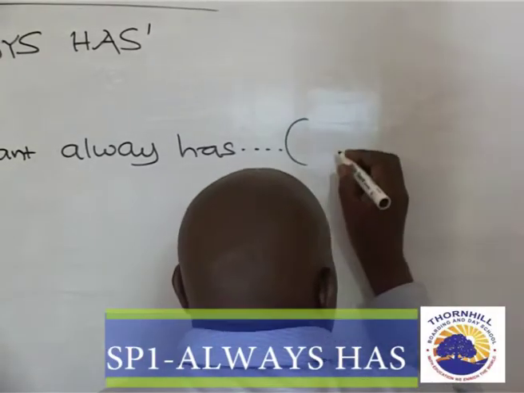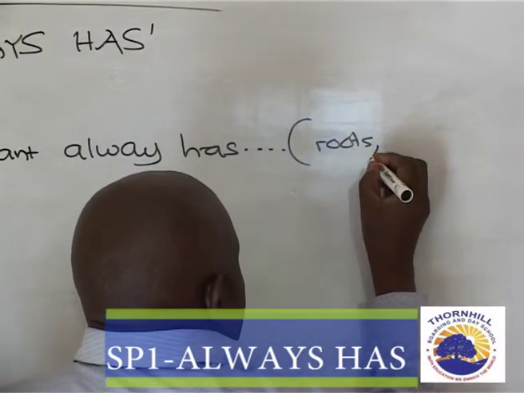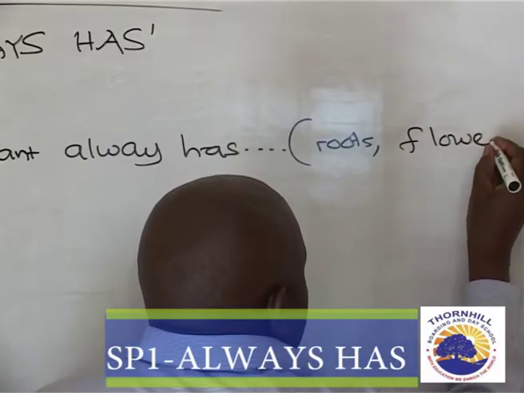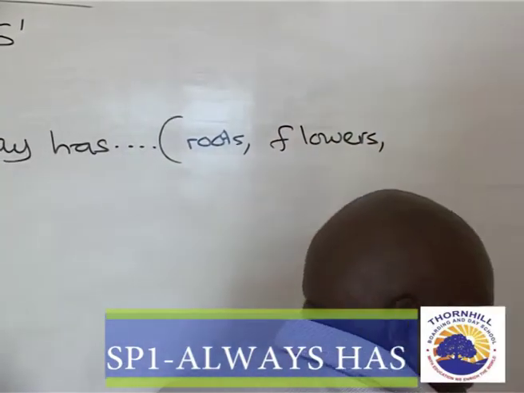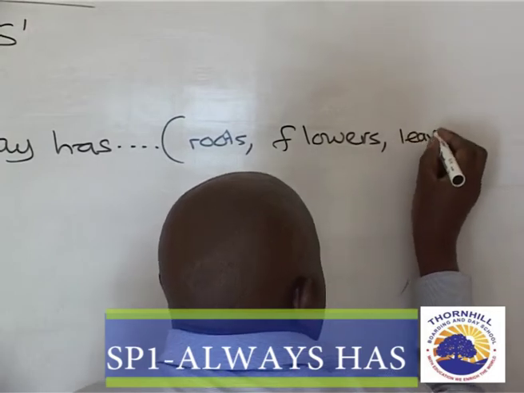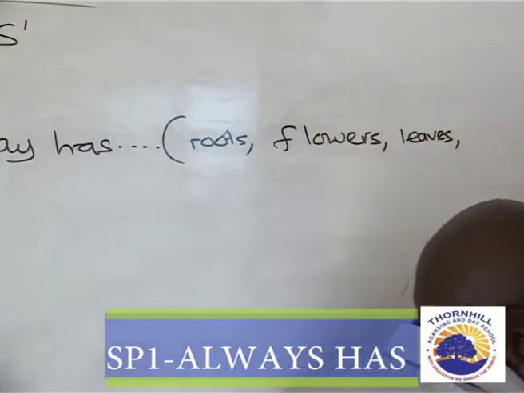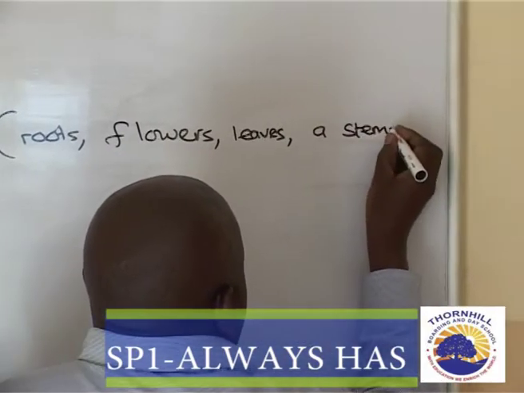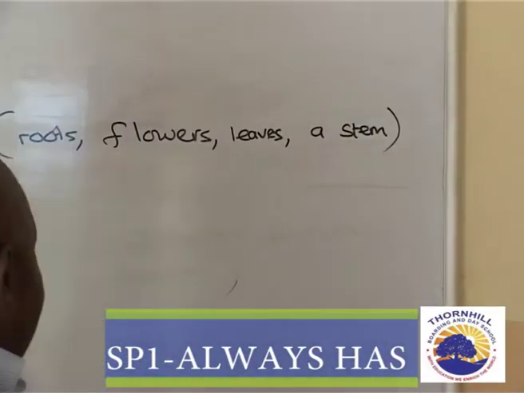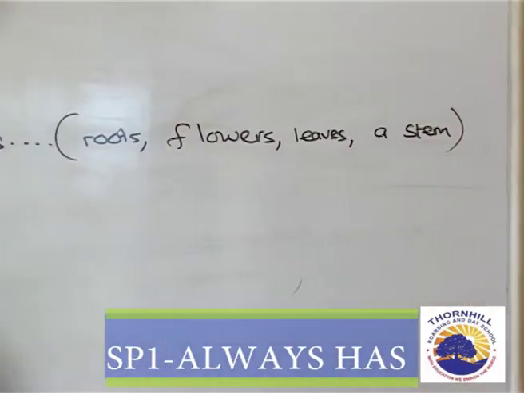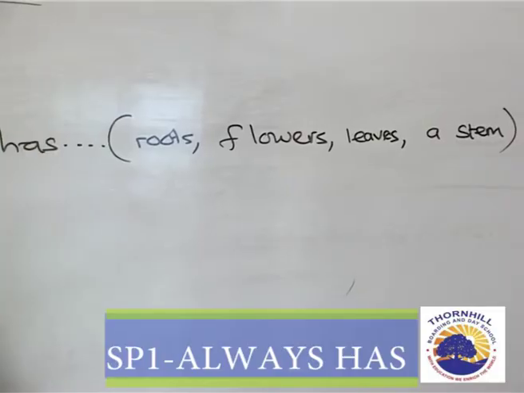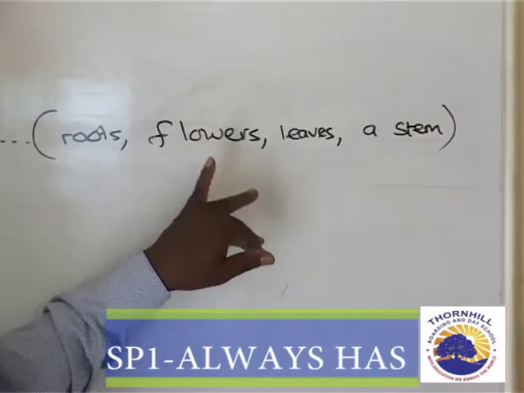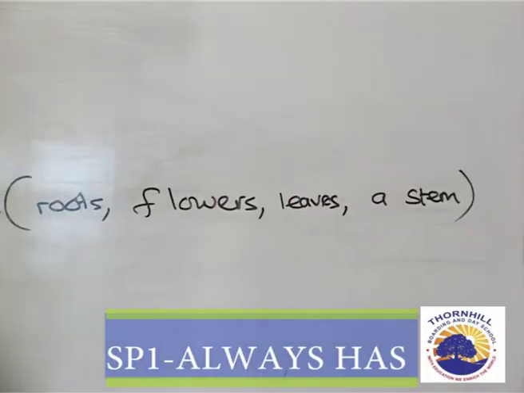We have roots, flowers, then we have leaves, and finally a stem. So let's look at this question. A plant always has, sorry, there was an S which I made there. A plant always has the options given: roots, flowers, leaves, and a stem.